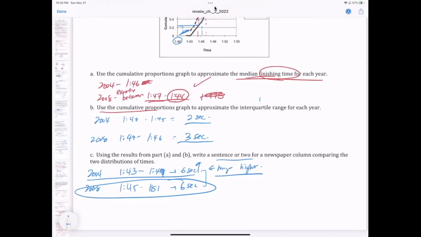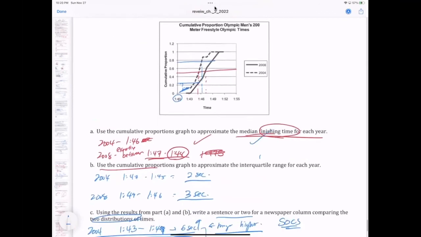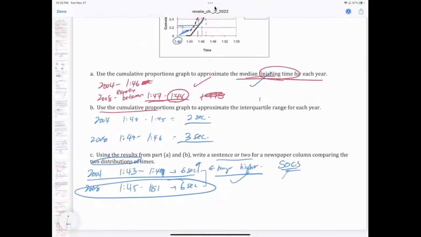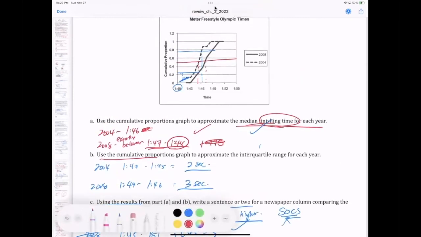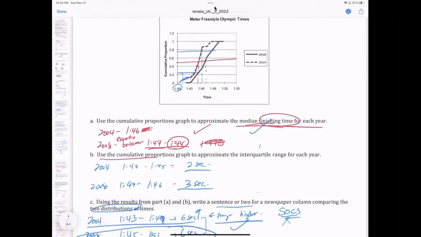Anything besides that, I think in the answer key they said that the variability of times was a bit larger in 2008 than in 2004. In all honesty, for this, we always want to write down the two distributions as SOCs. For the center, we have the median. For the spread, we have it. Outliers, we don't have to say it. But for the shape, what you can say is that a vast majority of the probabilities increase quickly in the beginning for 2004, whereas it's a little bit steadier pace for 2008.